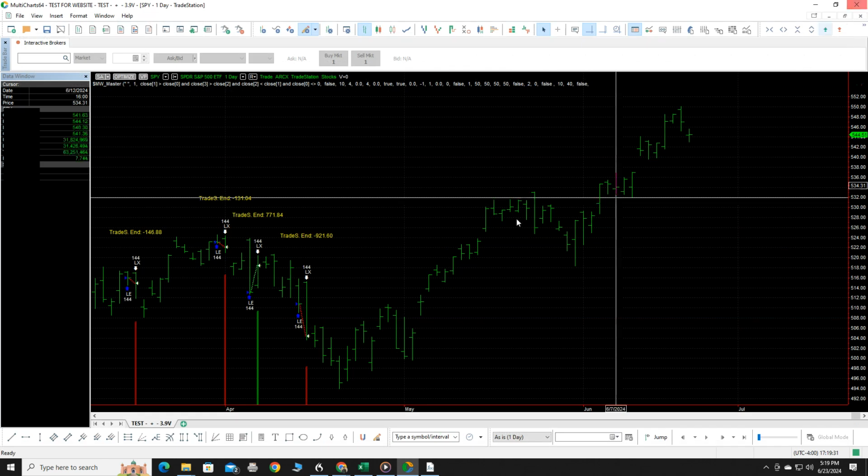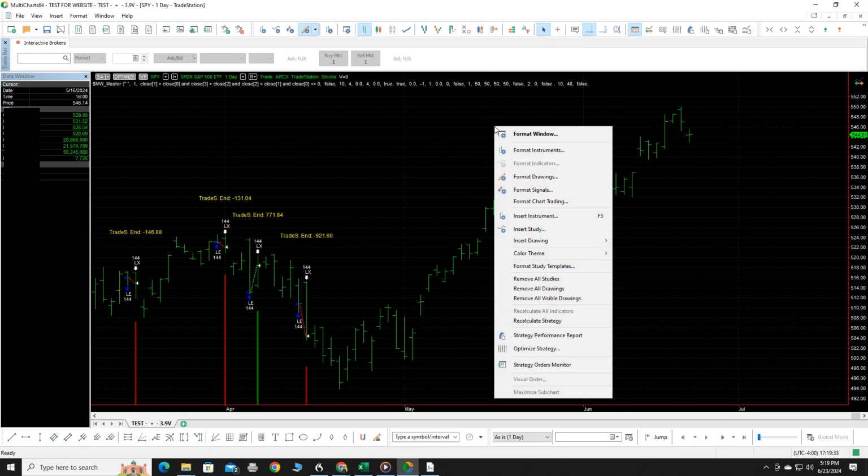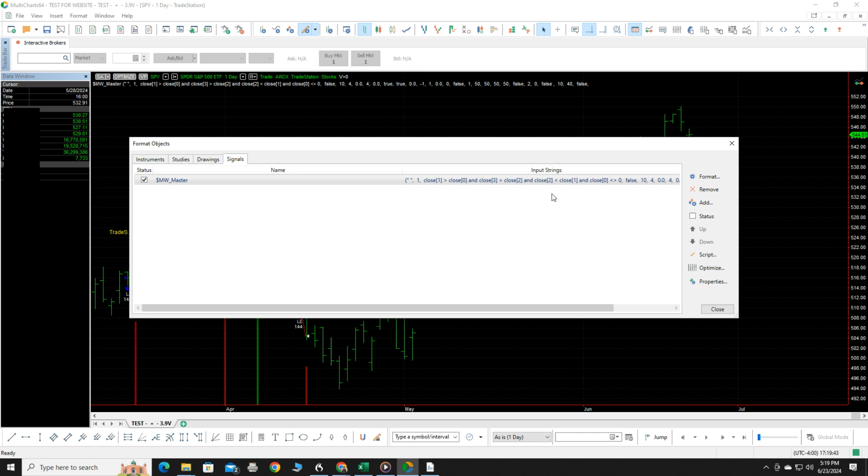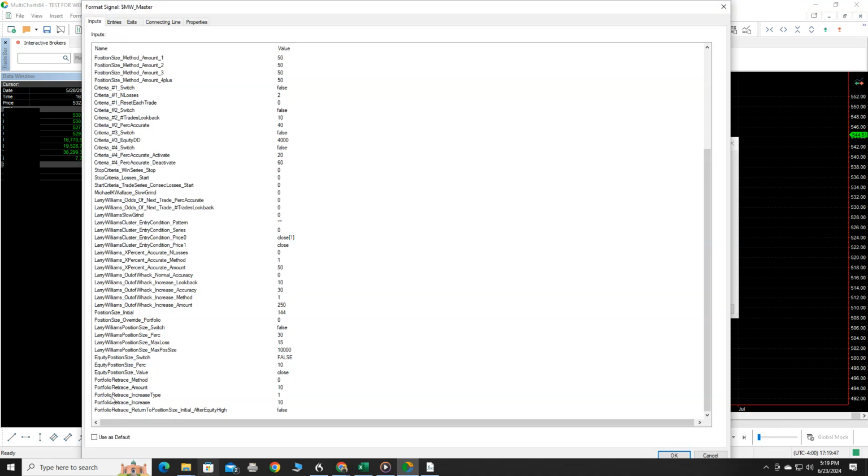Okay, let's say somebody says, oh boy, let's use some profits in the account as we make money. Let's use Larry Williams position size. Okay, here we go. This is what's going to happen. You're going to open format, go down to Larry position size, and hit true to turn it on.